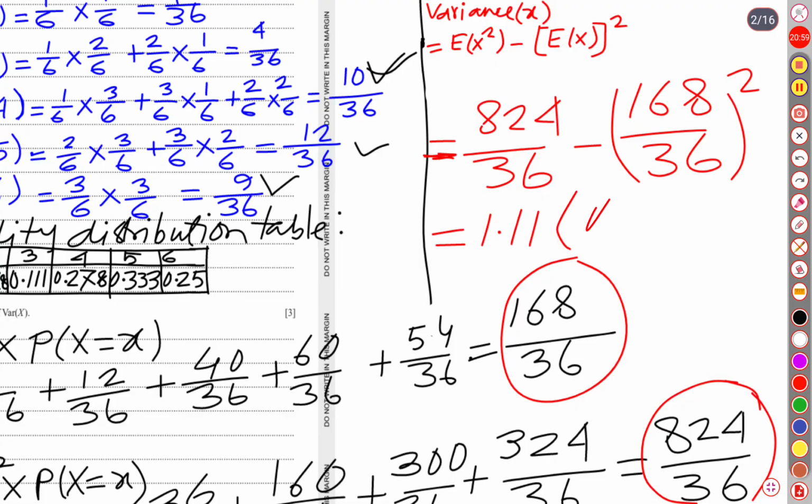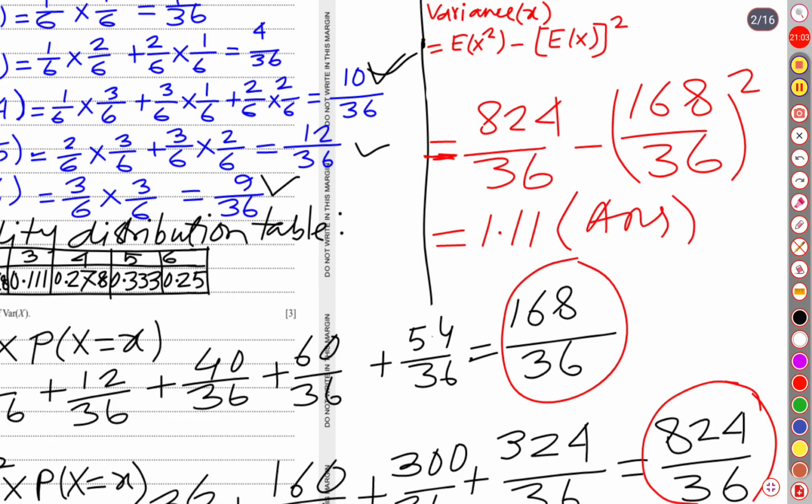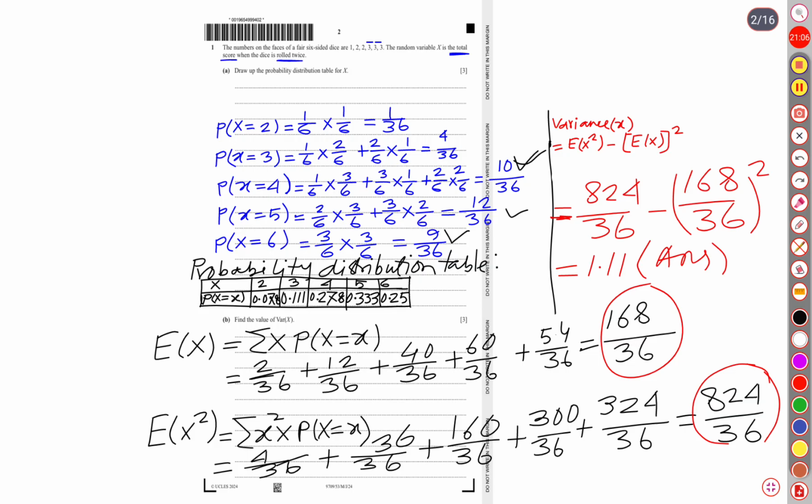So that is the answer to the question of variance, and you know how to find the variance. So this is what the total solution is.